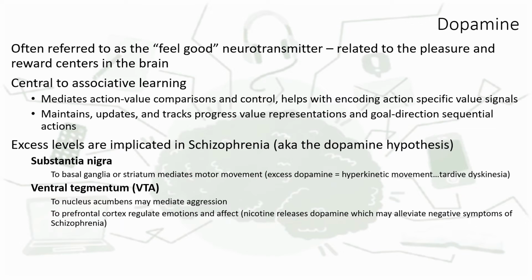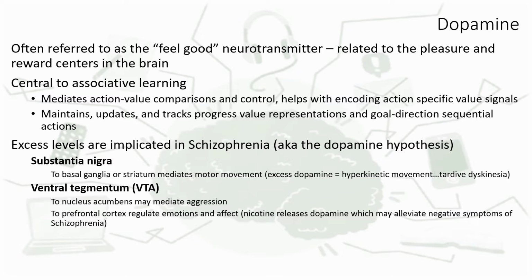So what the thinking is here is that cells from the substantia nigra to the basal ganglia, or the striatum, mediate motor movement. Excessive amounts of dopamine create hyperkinetic movements. So think of things like tardive dyskinesia, which is uncontrolled movements that people can have as a result of certain medications that people are taking for symptoms of schizophrenia.